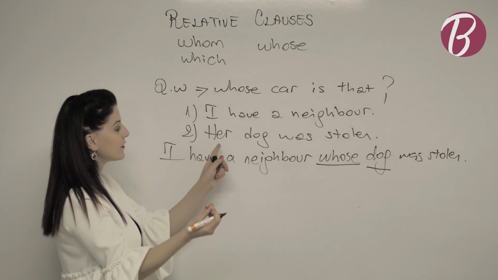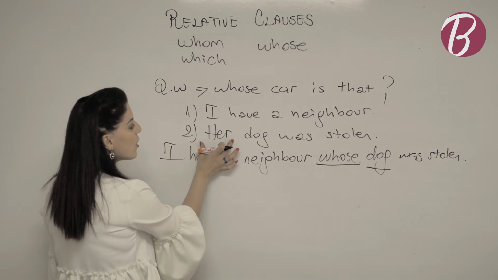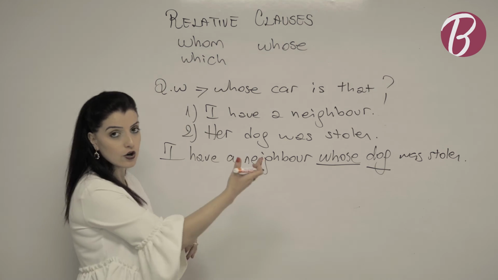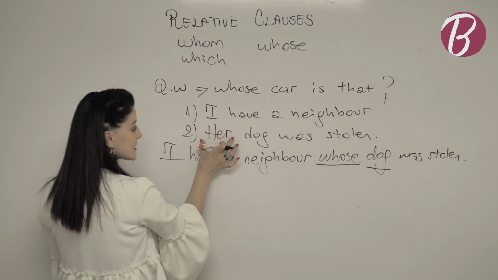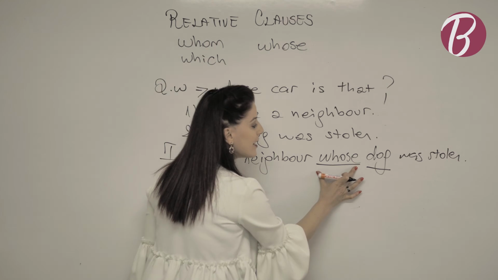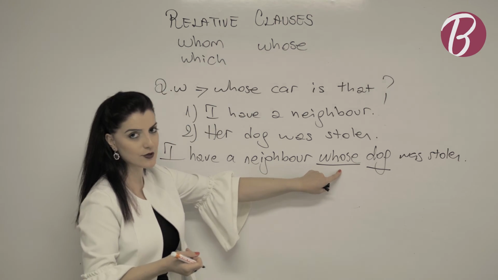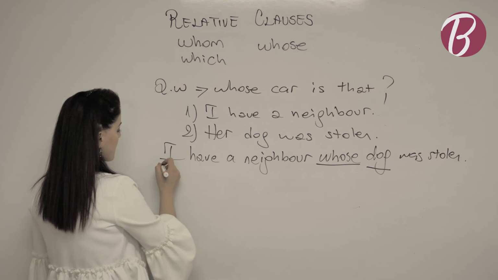So according to gender, we will understand. Her dog, if it is a man, we say his dog. So instead of the possessive adjective, I must choose this pronoun. What is it? Whose.